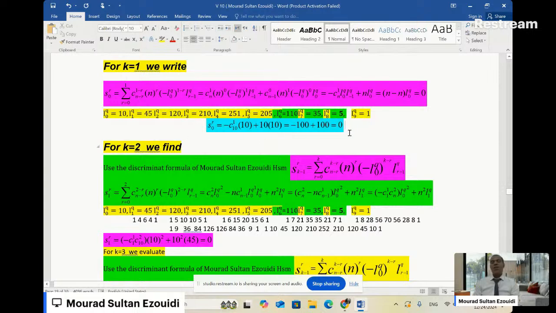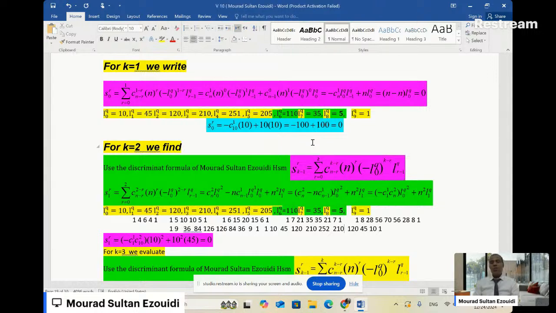Always, for any nth degree polynomial equation, S0 is equal to 0. Why? Simply because the sum of the extremes of this nth degree polynomial equation, where n is equal to 10, is equal to 0.